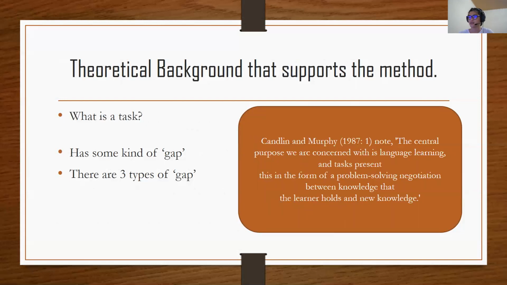And then there is task-supported teaching. A task can substitute the final step in a traditional present, practice, produce, that's PPP, sequence. That means a language item is first presented to the learner by means of examples with or without explanation.